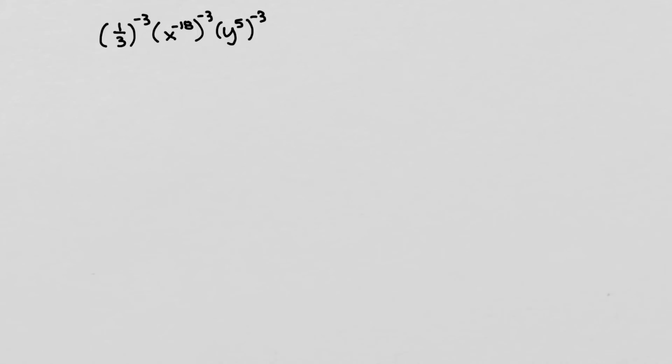All right, looking at this, the first place that I want to start is to simplify the exponents on these variables. Why? Because I know there's a rule that allows us to do it very quickly, and that's the power to a power rule.